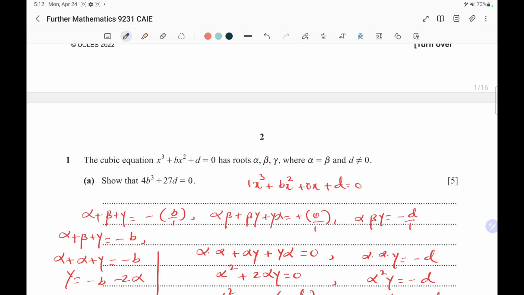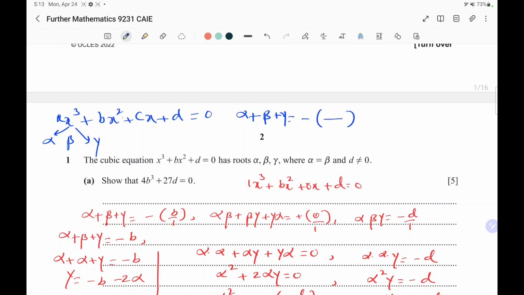So here we know that if we have a cubic equation ax cubed plus bx squared plus cx plus d equals 0, and suppose you have roots alpha, beta and gamma, then you can write the sum of roots alpha plus beta plus gamma equals minus the coefficient of x squared, which is b, over the coefficient of x cubed, which is a.